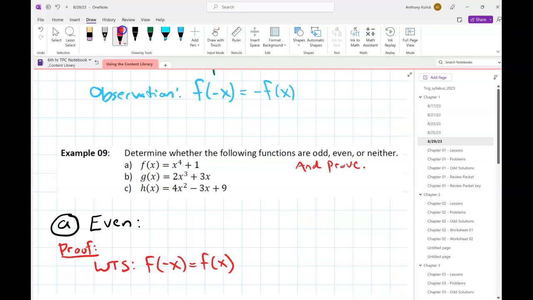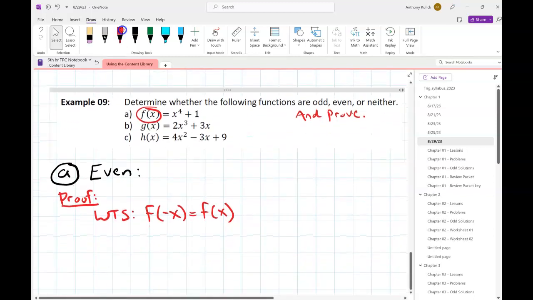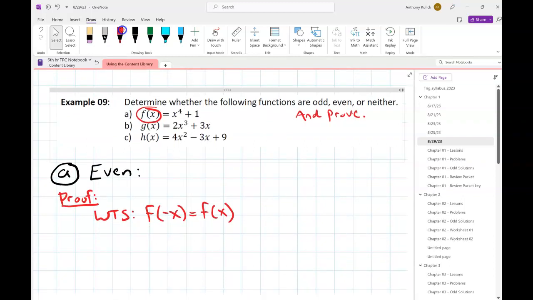If we can do that for our function here, we're done. Everybody's okay? WTS just stands for want to show. So that's just me reminding myself what it is I'm trying to get in order to accomplish this proof, for me to be done.